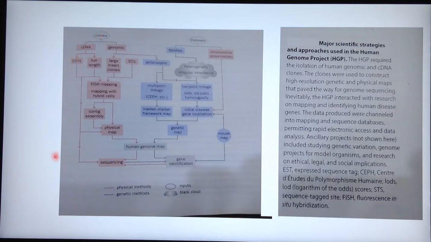So this part basically covers the physical mapping of the human genome, and physical mapping goes hand in hand with genetic mapping, because when we are trying to saturate ESTs on the chromosomal map, we are basically trying to come up with gene maps.